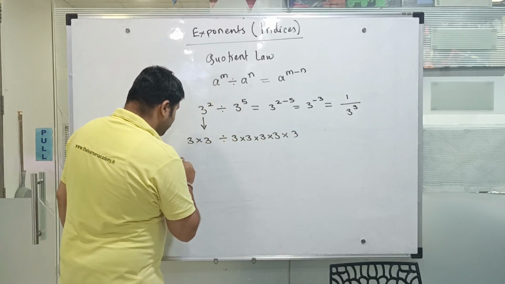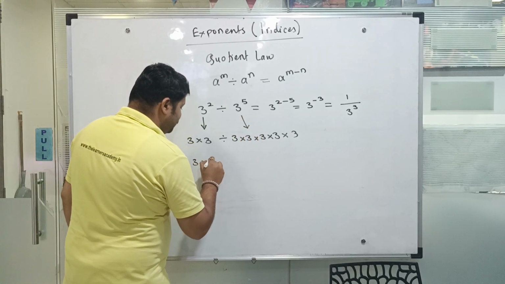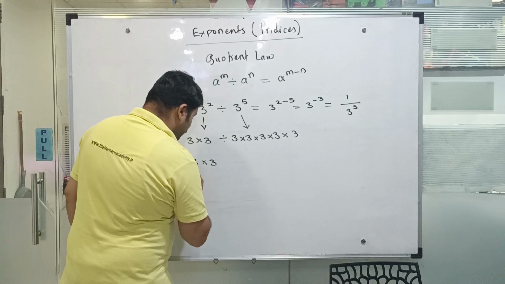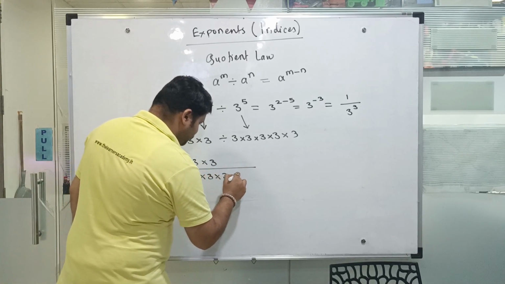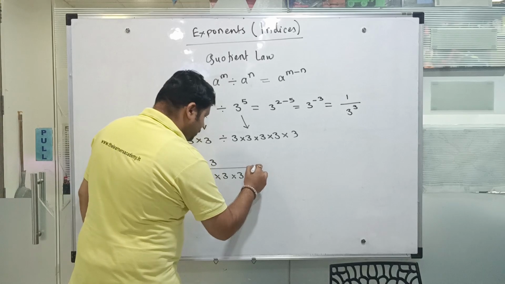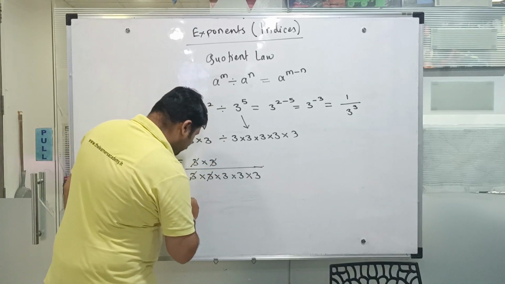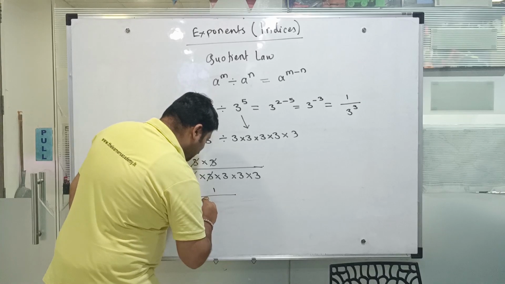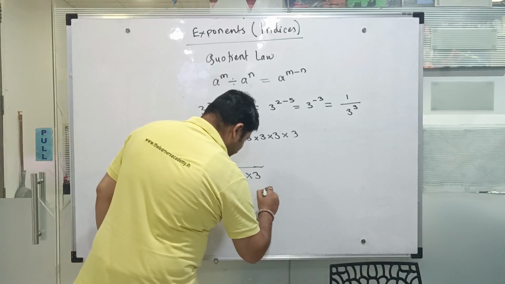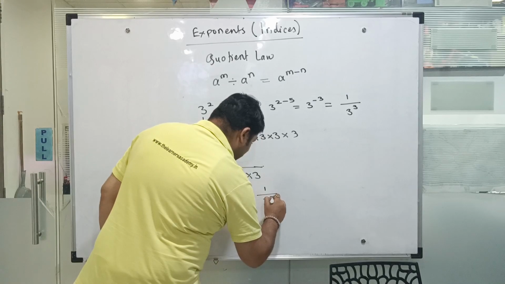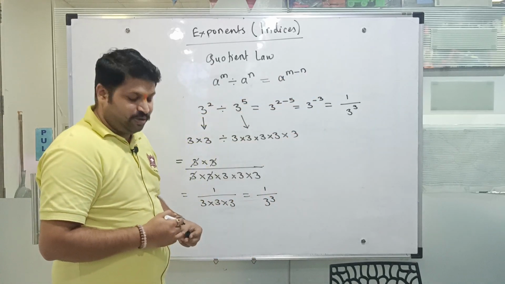So it would be equal to 3 multiplied by 3 upon 3 multiplied by 3 multiplied by 3 multiplied by 3 multiplied by 3, giving me, when I cancel these out, I end up with 1 upon 3 multiplied by 3 multiplied by 3, or 1 upon 3 to the power of 3, which I also got using my formula.